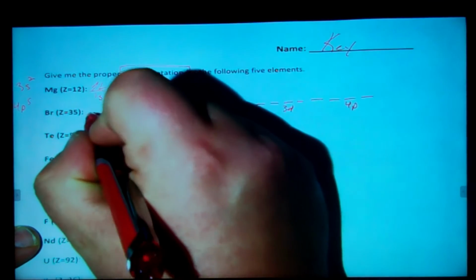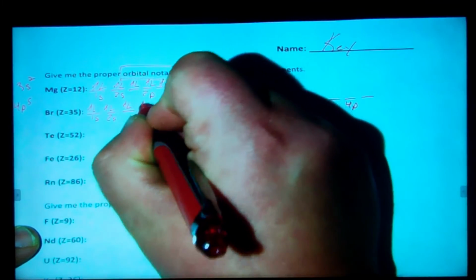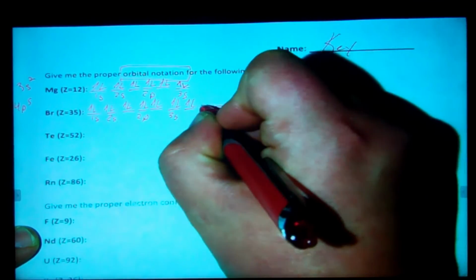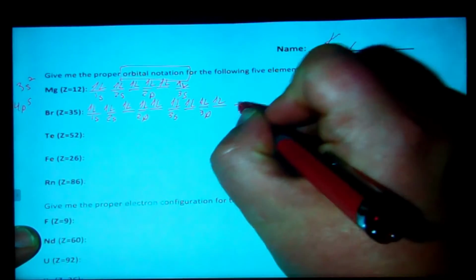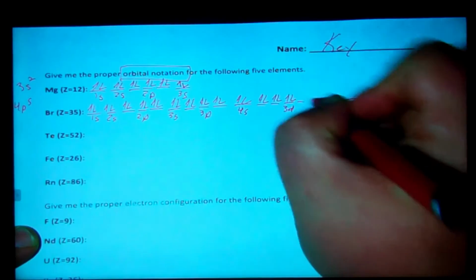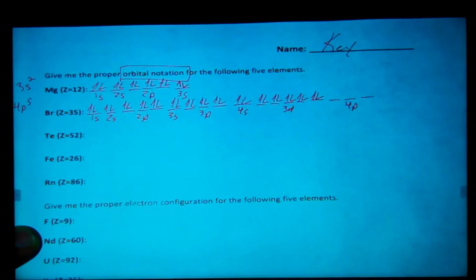Then all of them are full all the way until I get to that 4p, and then I'm 5 electrons in. Do not forget your 3 sets of rules that go with these configurations.